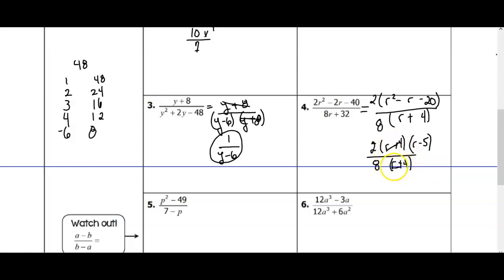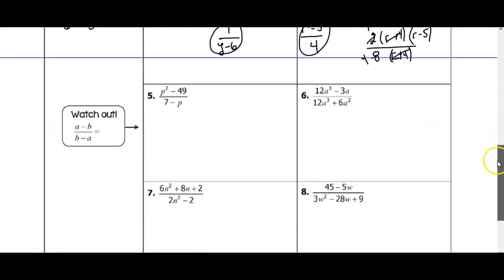See, the r plus 4's cancel. 2 goes into itself one time, goes into 8, 4 times. So what I am left with is r minus 5 divided by 4. Simplified.